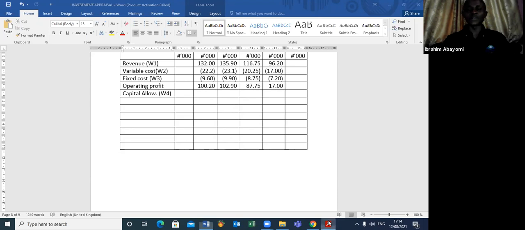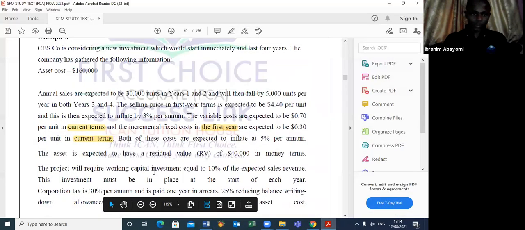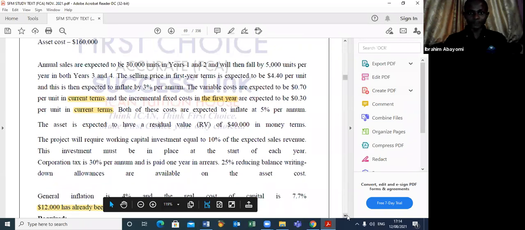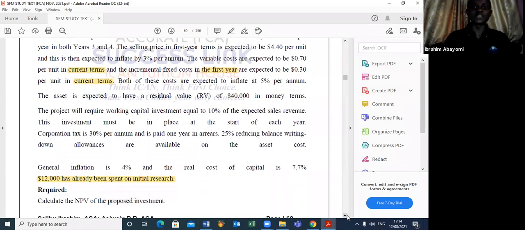Now let's go and read the information on our capital allowance. Okay, 25% reducing balance. Writing down allowances are available on the asset cost. So 25% writing down allowance.